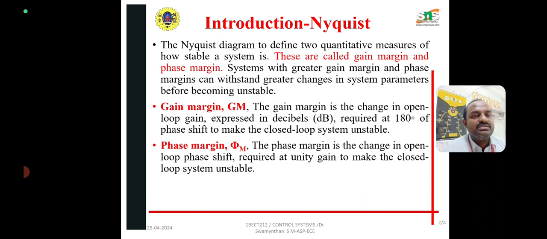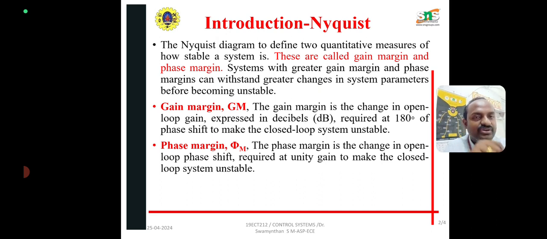Gain margin is nothing but the change in the open loop gain at 180-degree phase shift to make the closed loop unstable. So please listen: first open loop, and 180-degree phase shift, and the closed loop unstable.